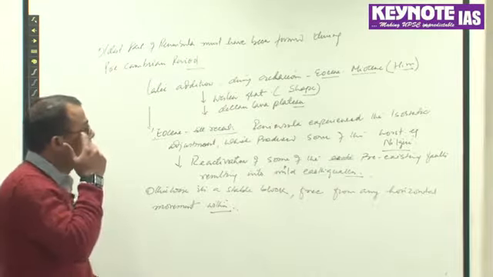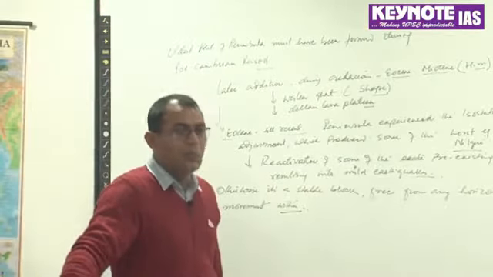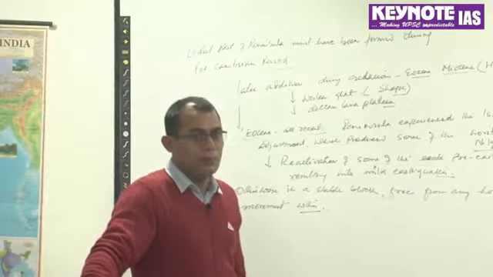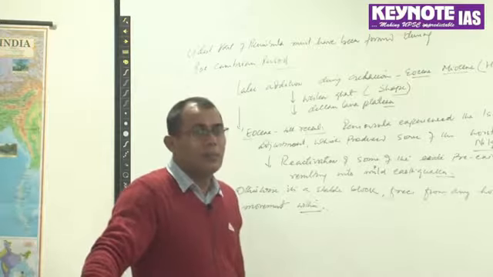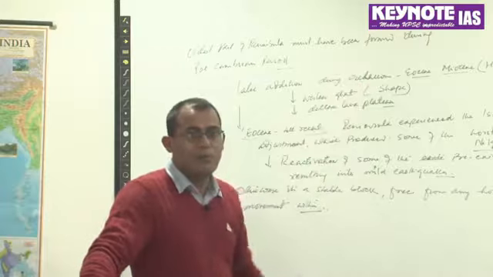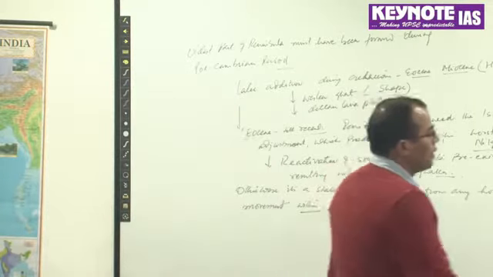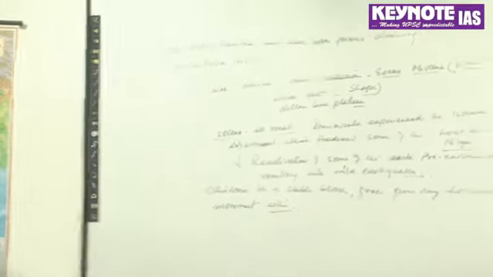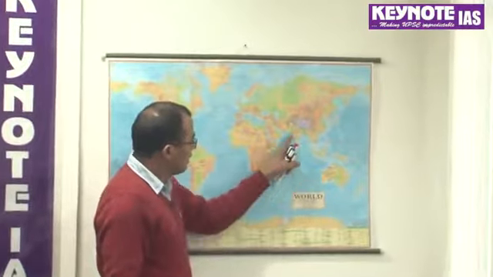So, when the peninsula was broken from Antarctica, most of the things had already been formed, right? Except the major one is the Deccan Lava Plateau, which was formed at the time of breaking from Africa and Madagascar. So, India must be around equator. If you join India with Madagascar, Madagascar will fit here, India will roughly fit here.